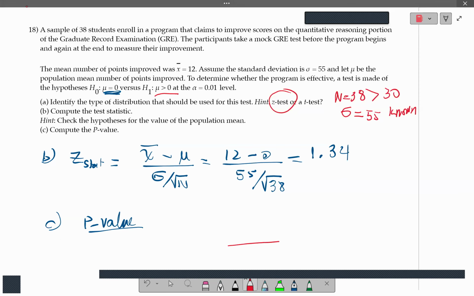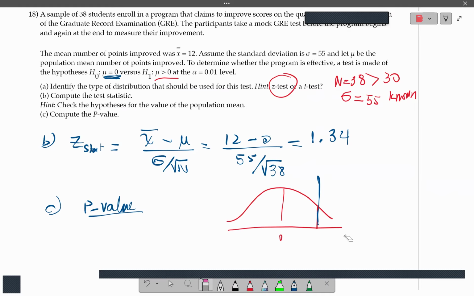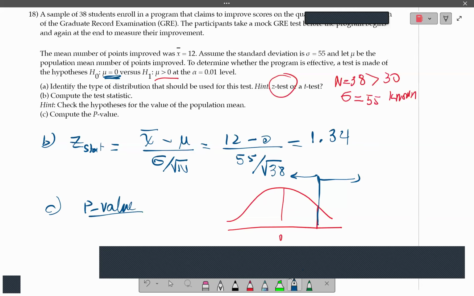If I draw the normal distribution, the mean is greater than 0. 0 is here. Greater than 0, you're going to cut off here. I don't know where 1.34 is, but anyway, I don't really care about that. So this is my cutoff from this side and this side. What I care about is 1.34.